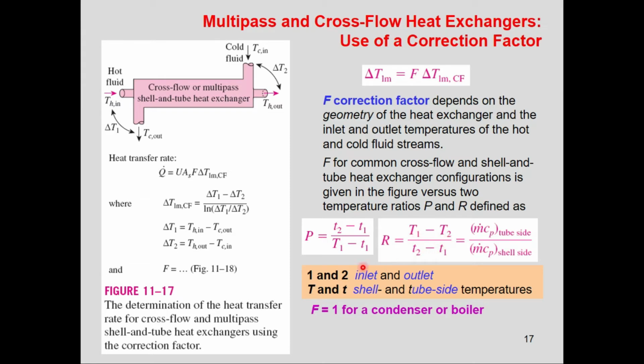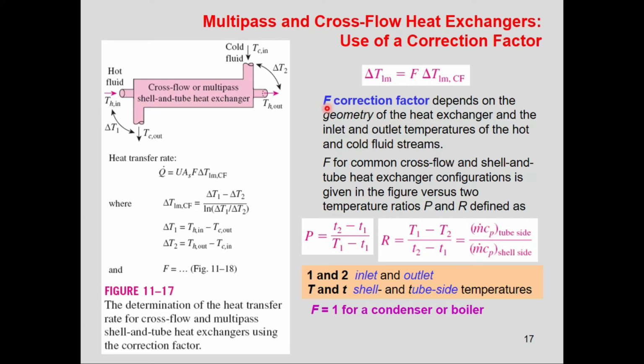So once you have the four temperatures, the cold fluid inlet and outlet temperature and the hot fluid inlet and outlet temperature, let me just read it once again: you must have four temperatures for a particular heat exchanger in order to get the value of the correction factor, right?